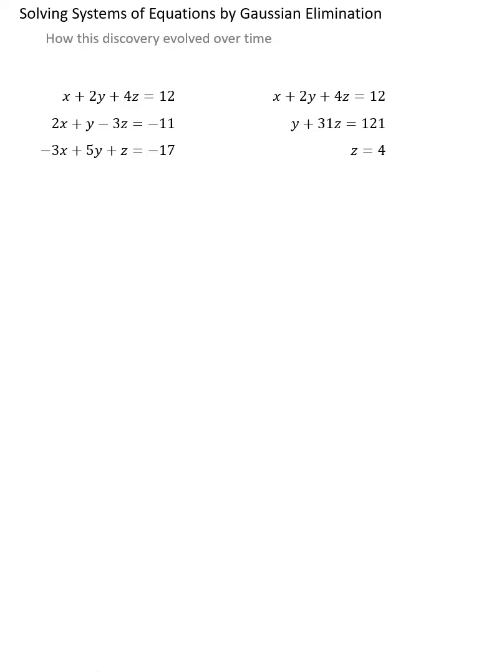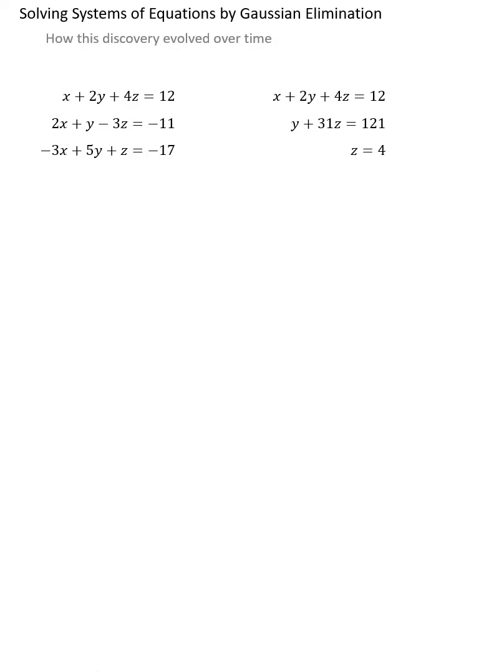So the key idea here is that if you choose wisely about what to multiply and what to add, you'll get your system of equations into a much more solvable form. Would you rather solve the system on the left, or would you rather solve the system on the right? I would choose the one on the right.